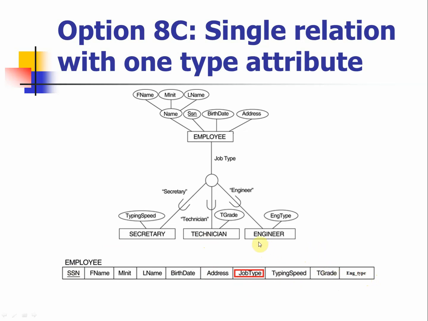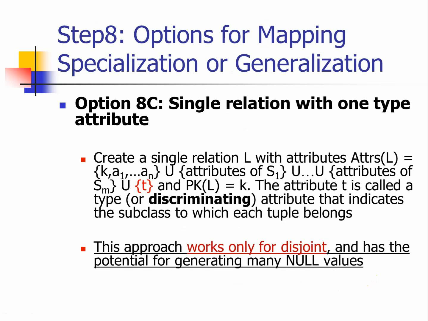So let's take a look at how this is described formally. What this is trying to do is create a single relation only, with all the attributes of the superclass, and then we also include all of the attributes from the subclasses: all the attributes from subclass 1 through all the attributes for subclass N. And then we have this attribute T indicating how we separate, how we do the specialization.